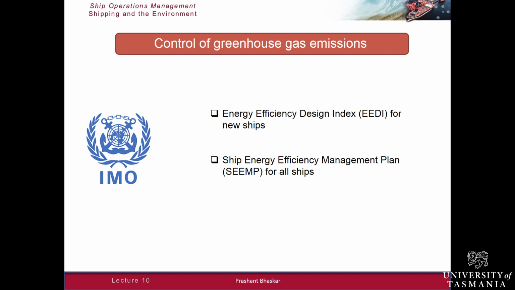So, one measure that IMO has implemented is the development of the so-called Energy Efficiency Design Index, or EEDI, for new ships. The EEDI is mandatory for new ships, and for ships including new ships and existing ships, a ship energy efficiency management plan is mandatory.